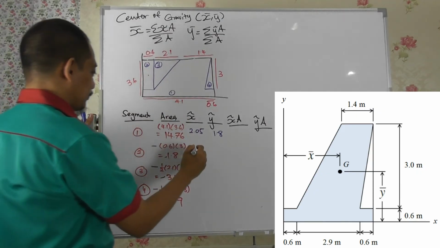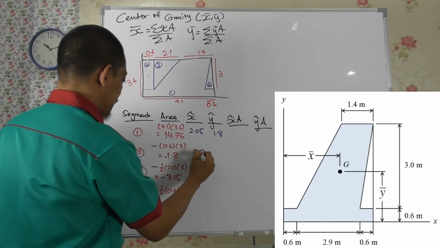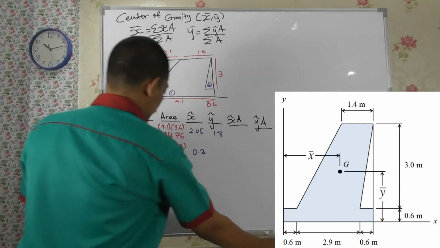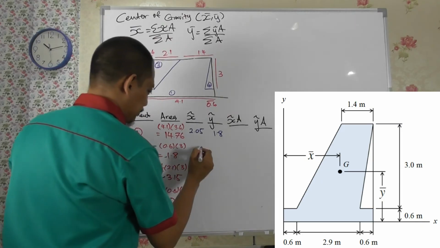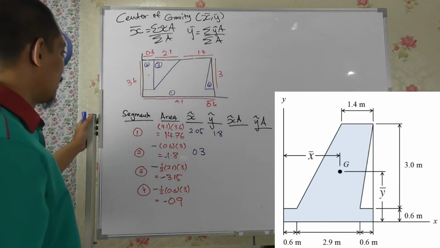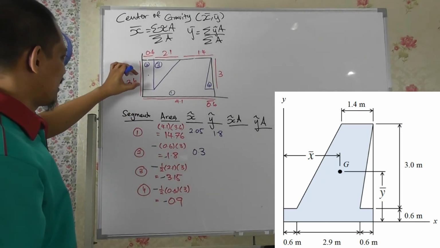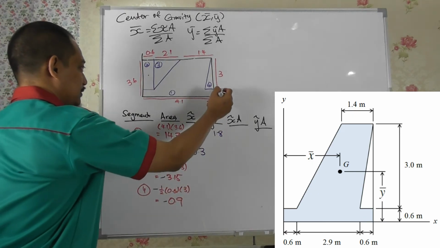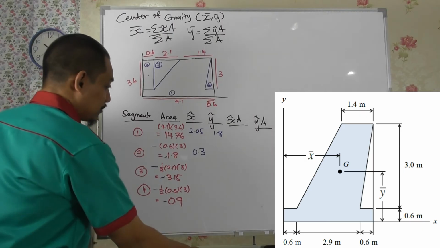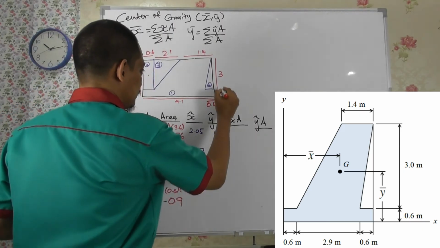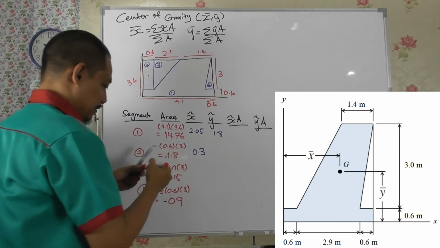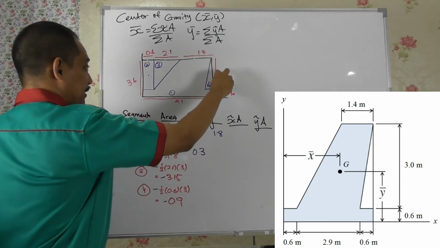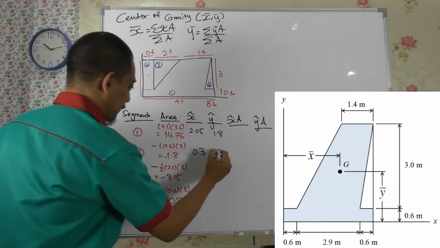X is just half of 0.6, so 0.3. The height is half of 3, so 1.5. But you have to add the bottom here, which is 0.6. So 1.5 plus 0.6 becomes 2.1.